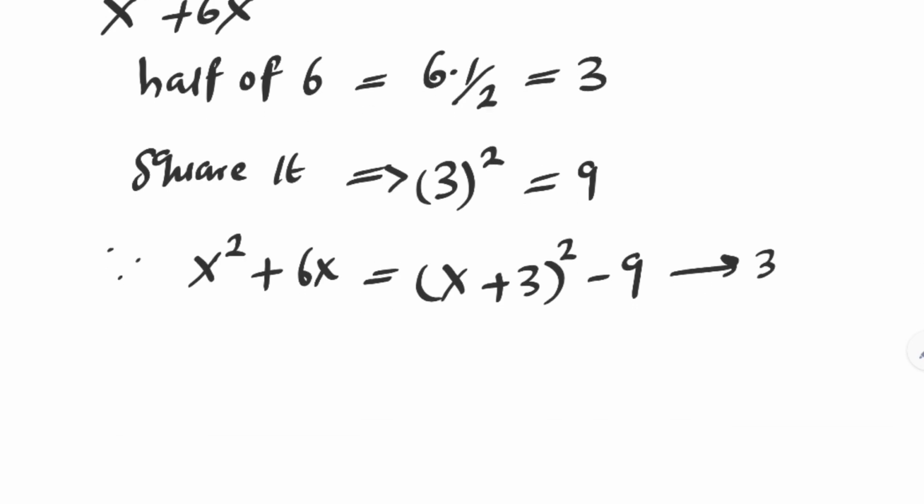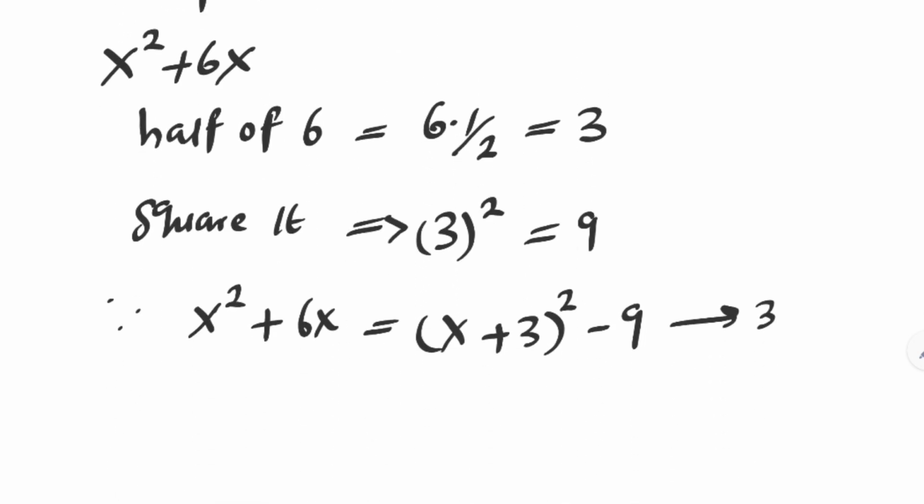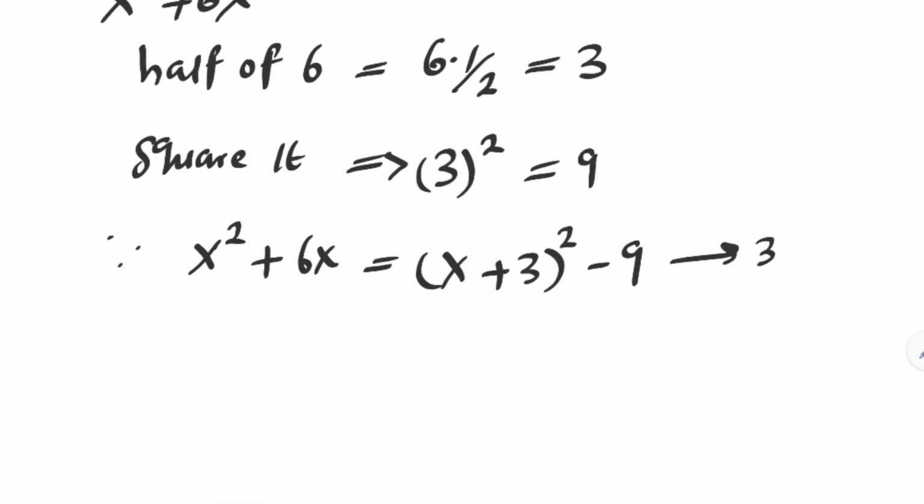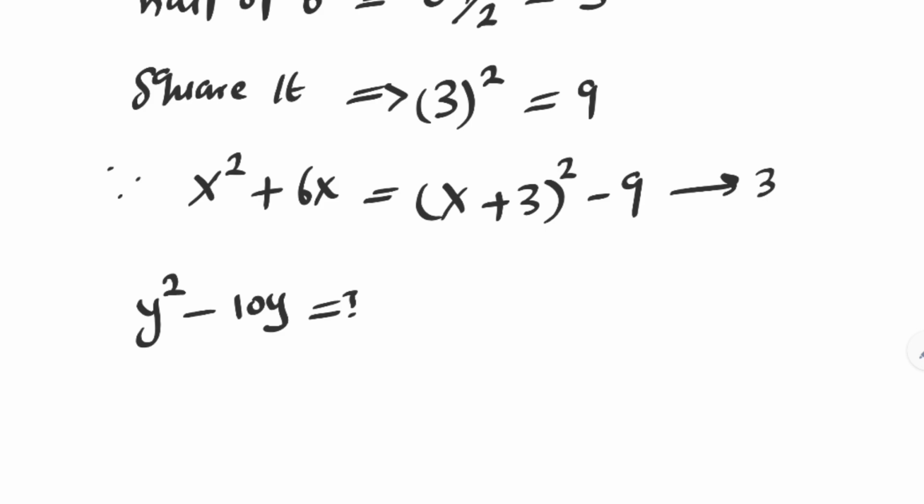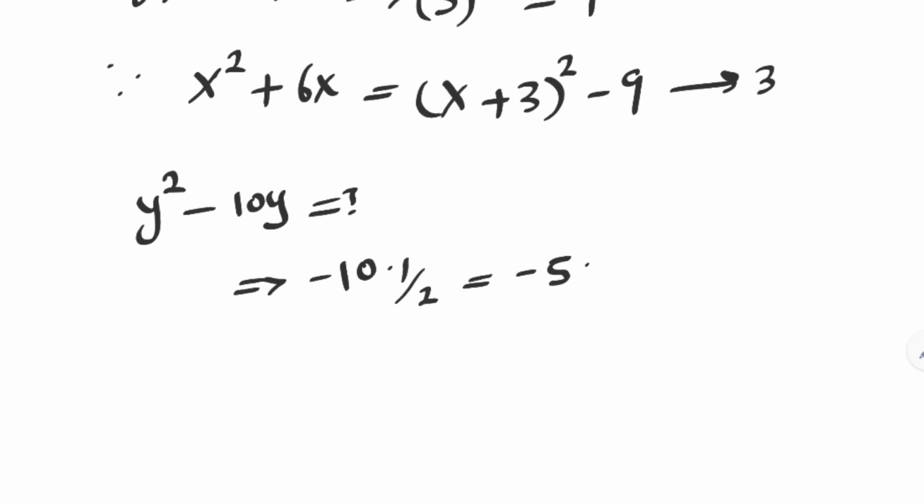Also, to complete the square of y squared minus 10y, this is half of minus 10. This is minus 10 multiplied by 1 over 2, which is equal to minus 5. Let's square it.